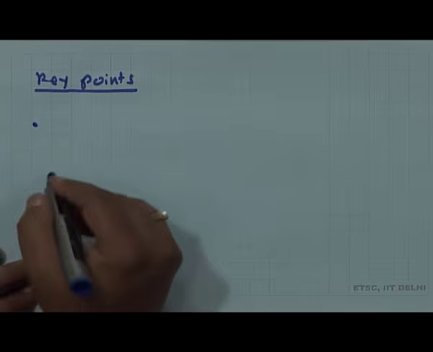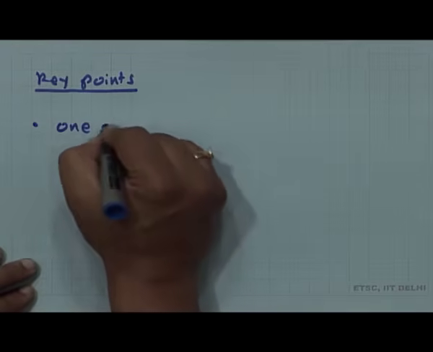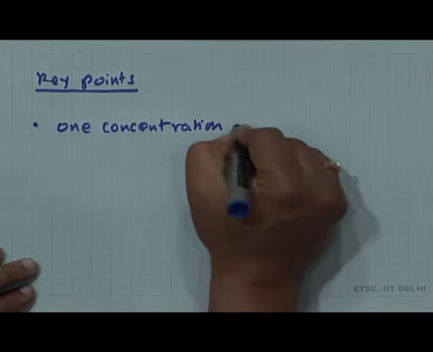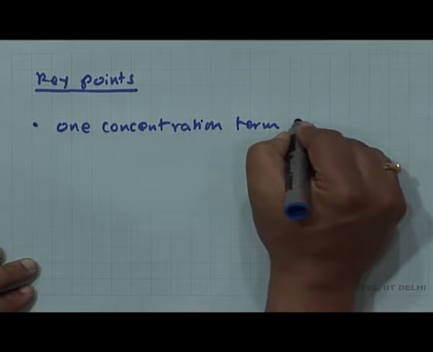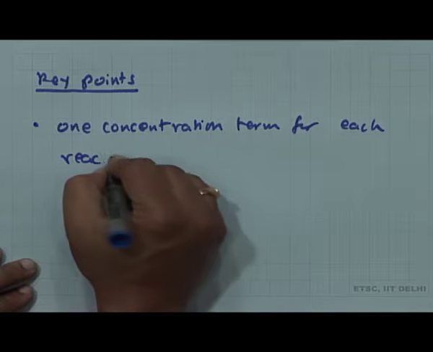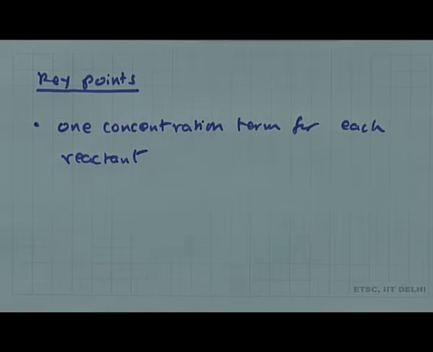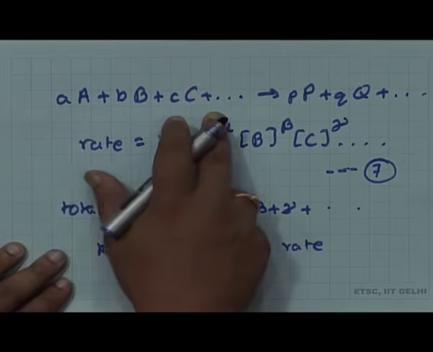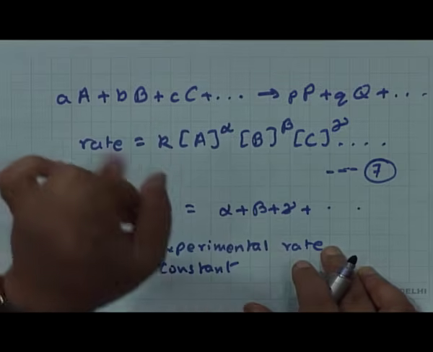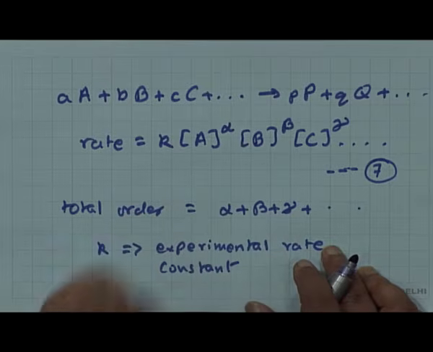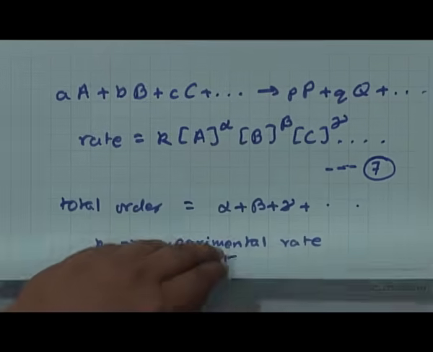So, there is one concentration term for each reactant. See, for example, where we had the reactants A, B, C, there was one concentration term for A being a reactant, there was one concentration term for B, there was one concentration term for C, and so on.